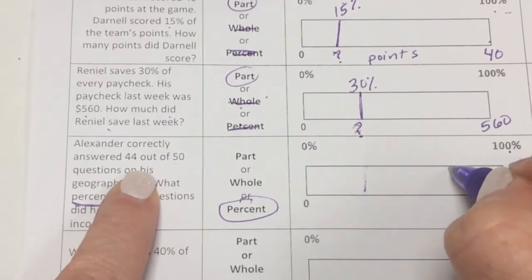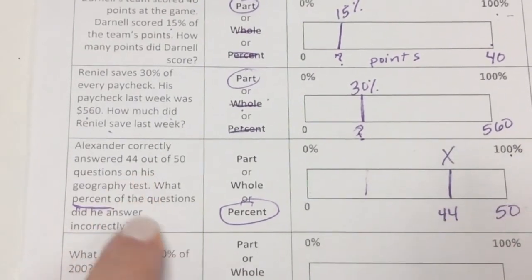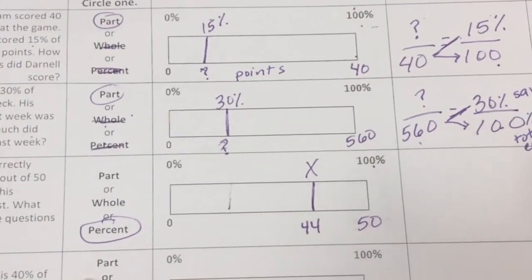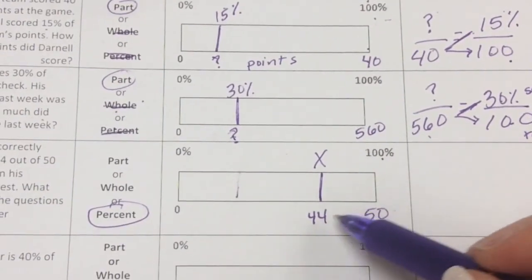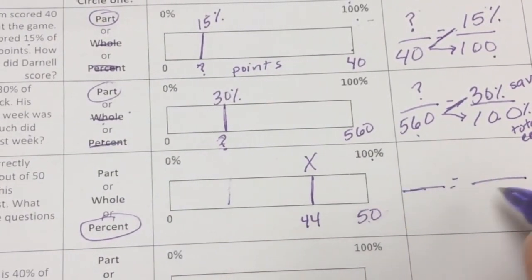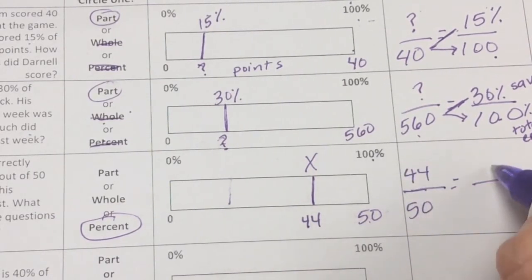Now, he correctly answered 44 of them. Okay, and I want to know what percent that was. Oh, I'm off the screen, I'm sorry. Okay, we answered 44 out of 50. So, part over whole equals percent over 100. Okay, so 44 out of 50 questions equals what percent out of 100?